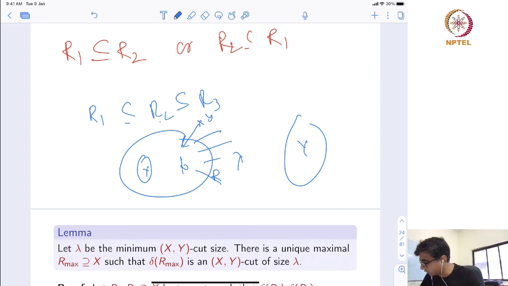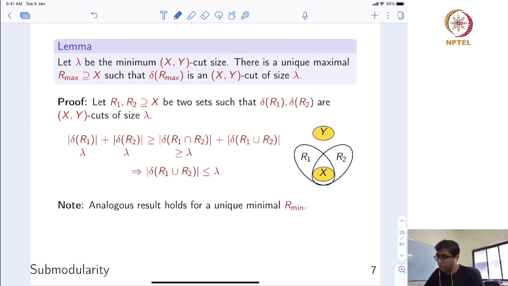So let's try to prove this. Suppose there are two sets R1 and R2 such that delta R1 and delta R2 are xy cuts of size lambda.